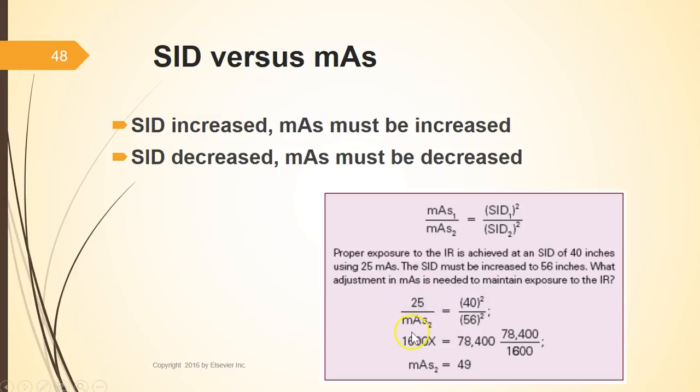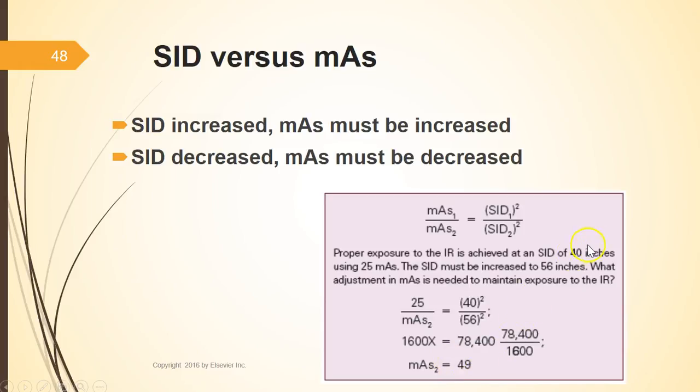So 25 over x is equal to 40 squared over 56 squared, which is 1600 over 3136. So square those out, then do your multiplications, and then divide, and your answer is 49.